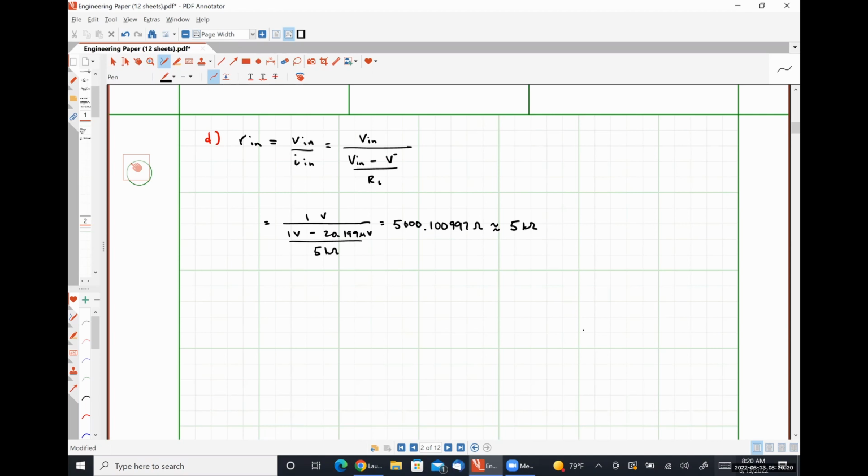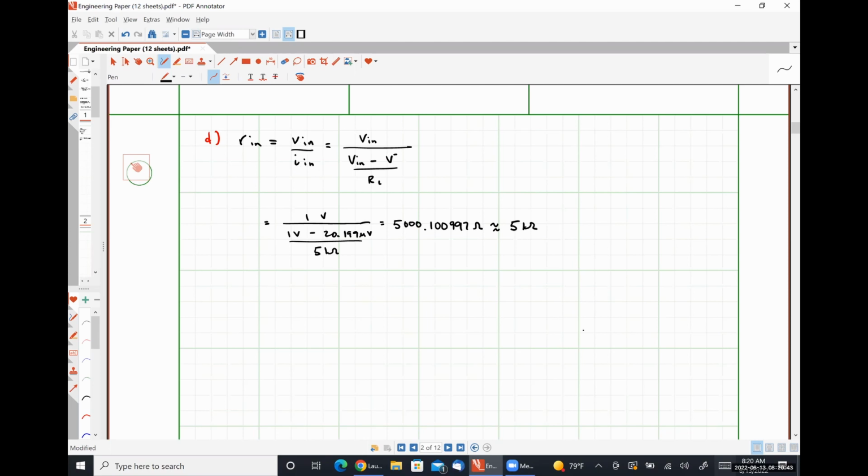When negative feedback is applied, what typically happens is that our input and output resistances of our amplifier are modified, and the type of negative feedback that we apply determines whether or not those input resistances increase or decrease.